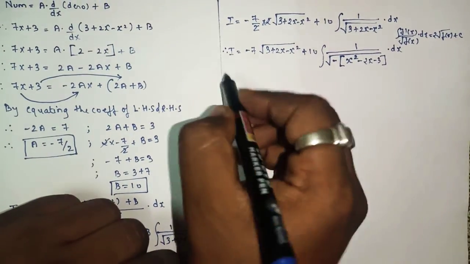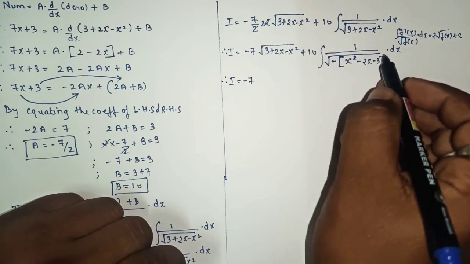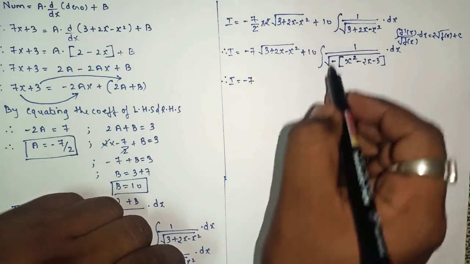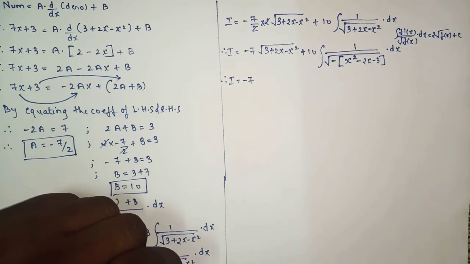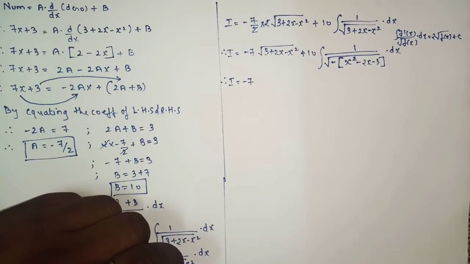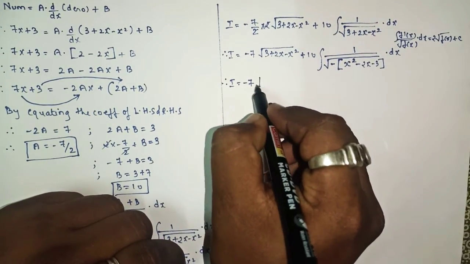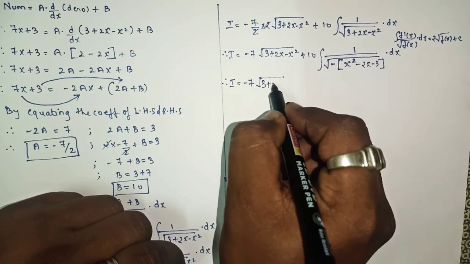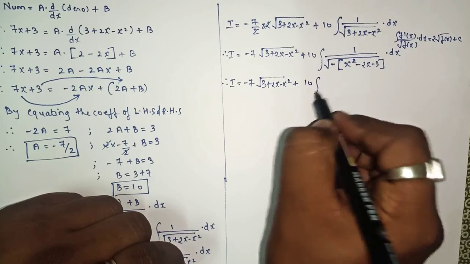Then after that apply the third term format. I will be equals to minus 7, I know you all might be knowing how to solve the sum whenever the symbol of x square is negative. If you don't know, please go and watch that video of type number 2a and then solve this section. Okay, 3 plus 2x minus x square plus 10.